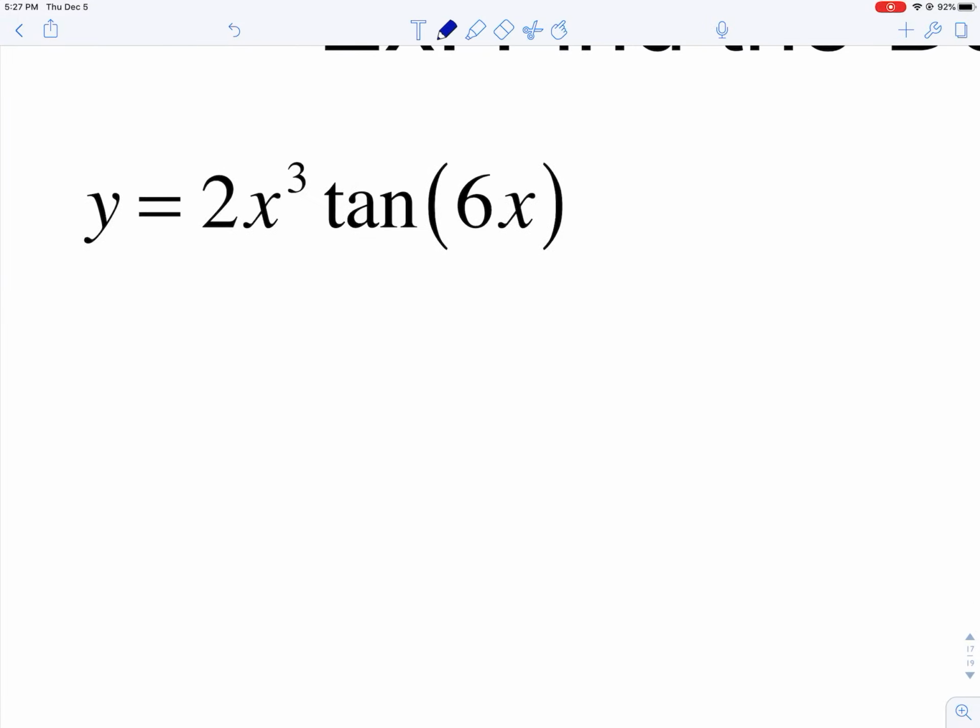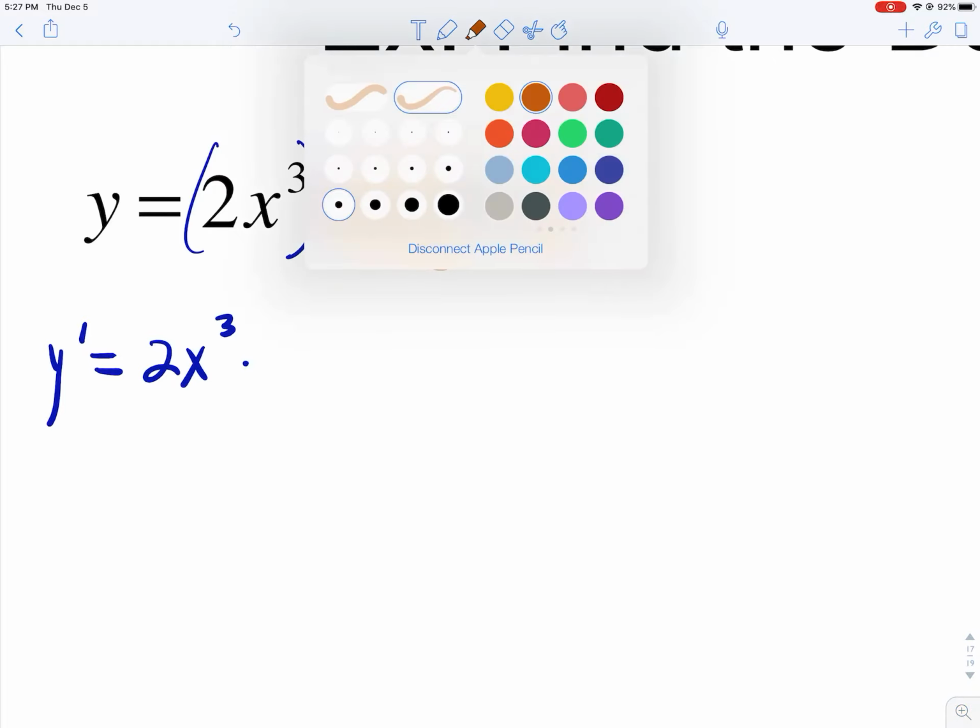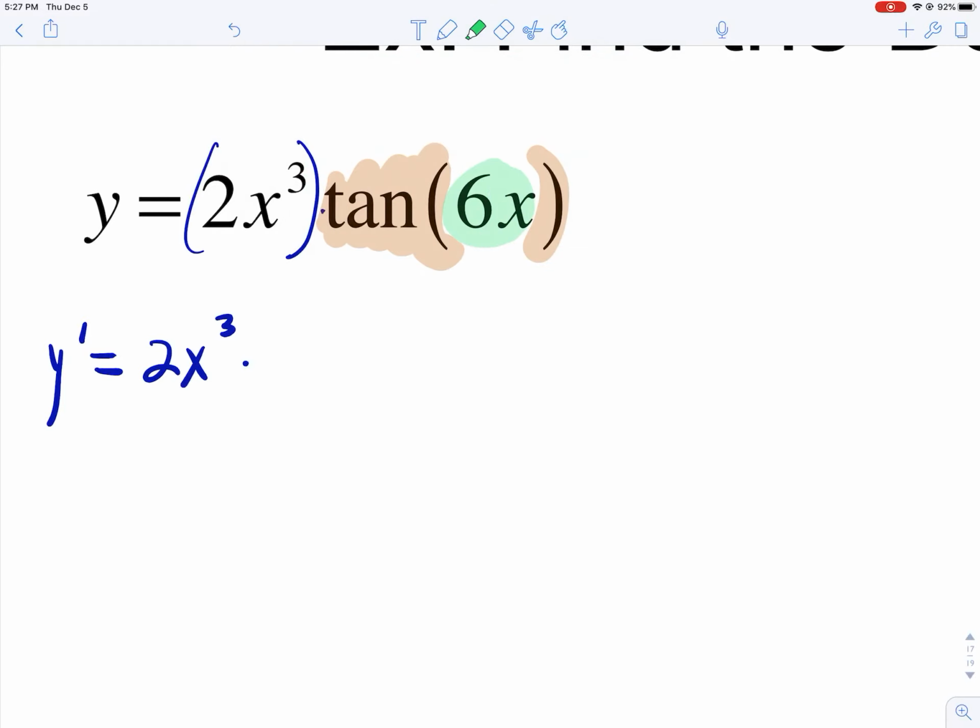All right, so this next equation, y equals 2x cubed times tangent of 6x. So we have the 2x cubed and then times tangent of 6x. So we have a product, meaning we need to use product rule. So first factor times the derivative of the second factor. Since something's happening to the argument there, tangent, we're going to think of as being the outside function. 6x is the inside.